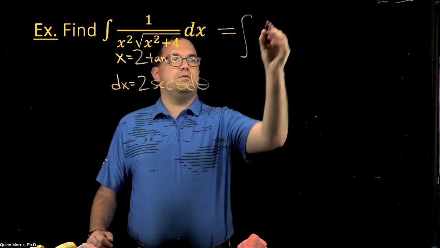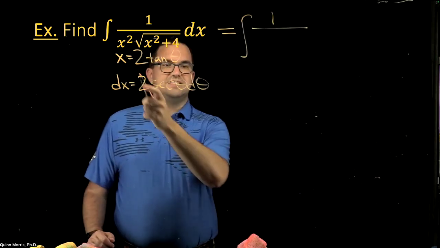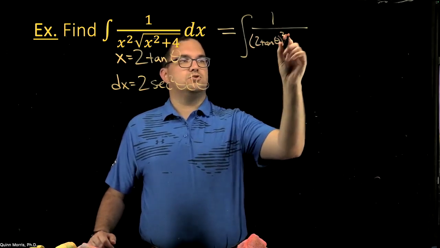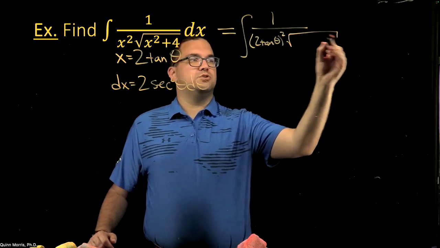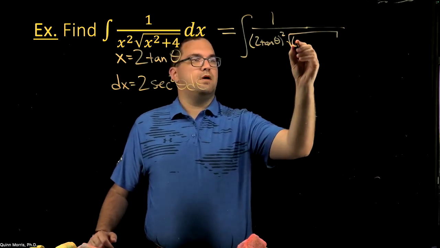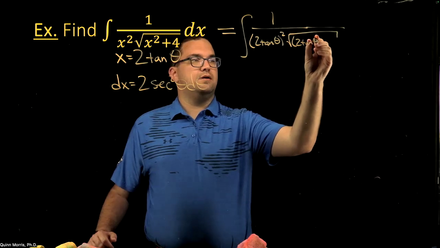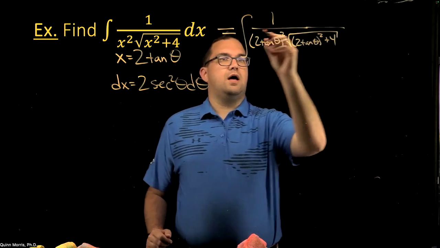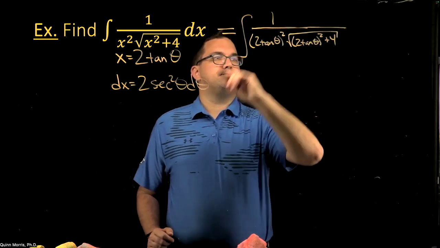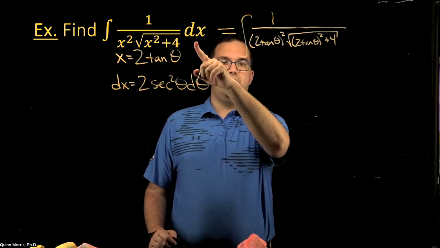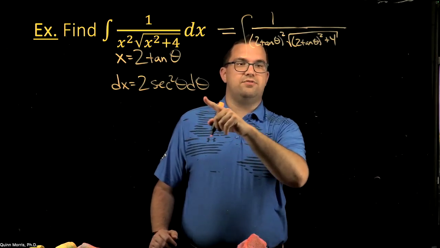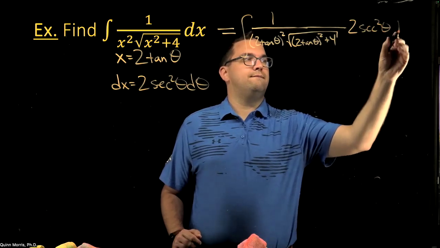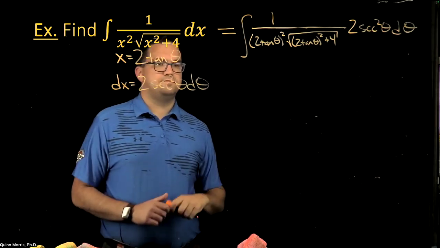This becomes the integral of 1 over, I have this x squared, so that's going to be 2 tangent theta squared times the square root of 2 tangent theta squared plus 4 times my dx, which is now 2 secant squared theta d theta.